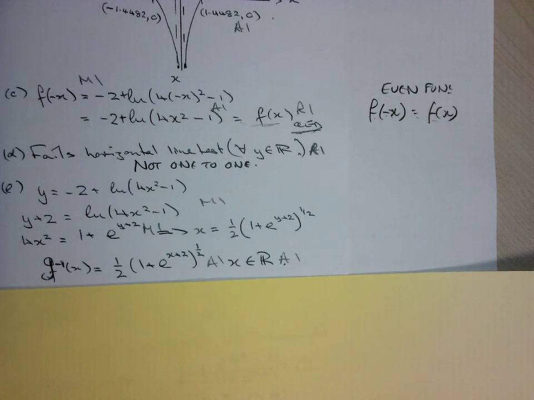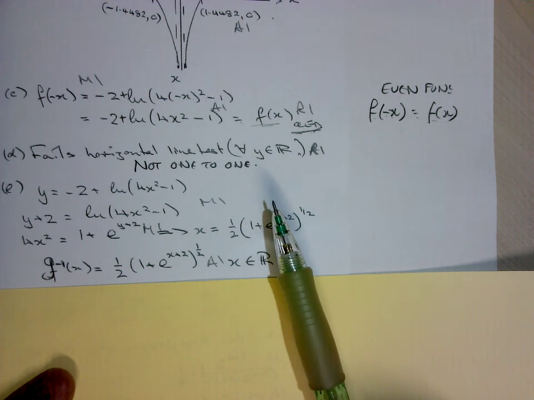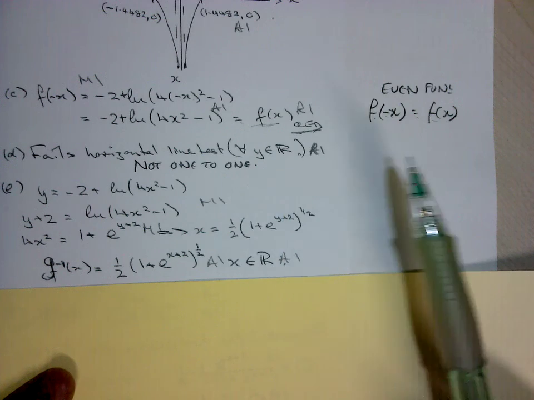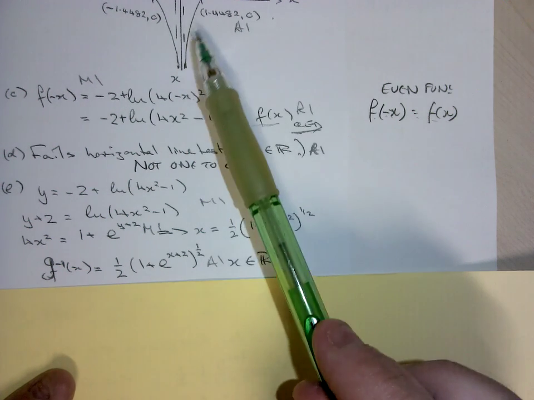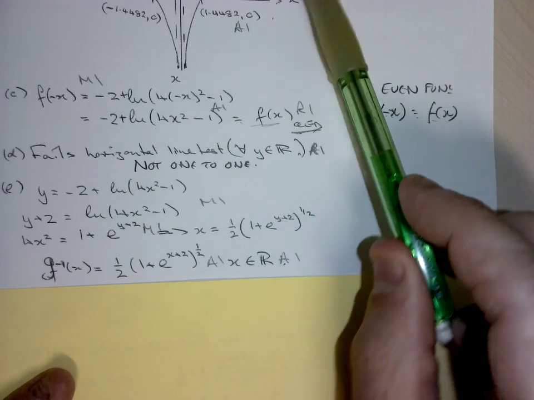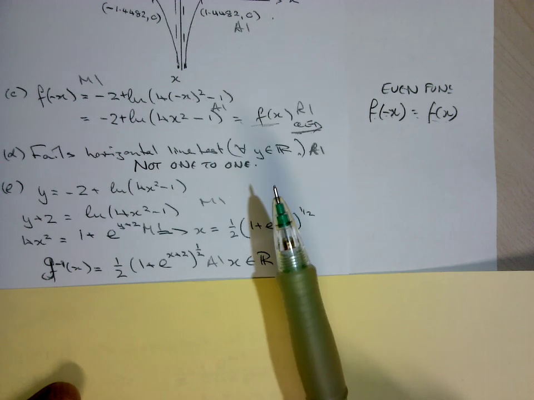E, a piece of algebra, asks us to find the inverse. Notice that in the question here, it's restricted the domain to be 0.5 onwards, so now we're only treating this as the function, so it now becomes one-to-one. So this inverse function will exist now with the new domain.